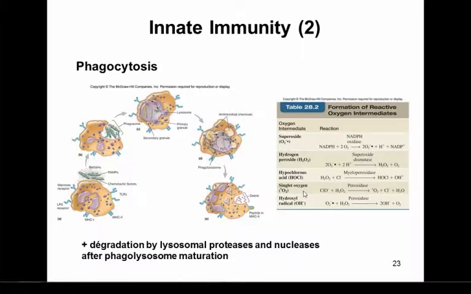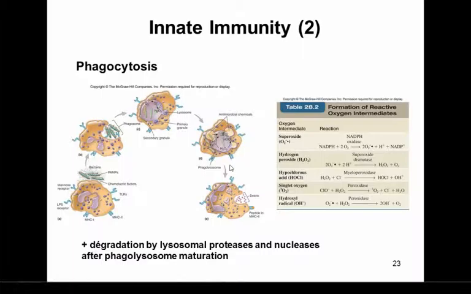Two, acidification of the phagolysosome. So a type V proton ATPase is in the membrane of the phagolysosome, and it will secrete protons into the phagolysosome, so it becomes acidic. This will activate different proteases and nucleases that are also secreted into the phagolysosome.